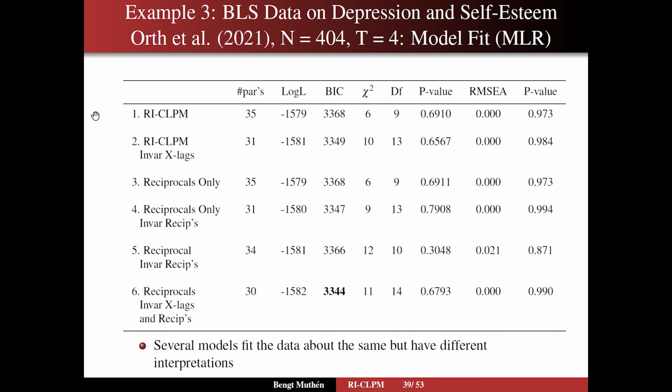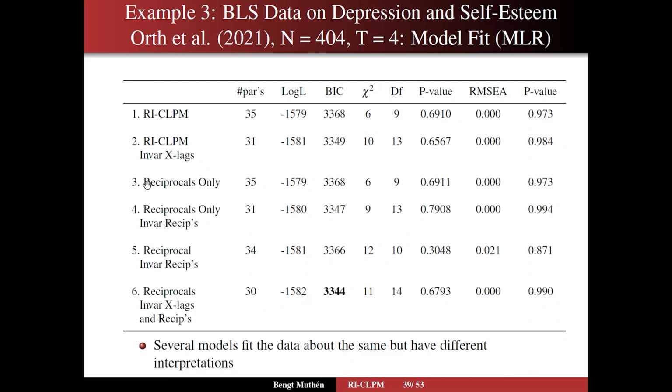So here we have RI-CLPM and the invariance of cross-lags, and the log likelihood difference is 2 for 4 parameters. 2 times 2 is 4, with 4, even though we should use an adjusted chi-square difference test because of MLR. We have the scaling correction factor. It looks like the invariance of cross-lags will win. Again, we have these high p-values and incredibly good RMSEA values.